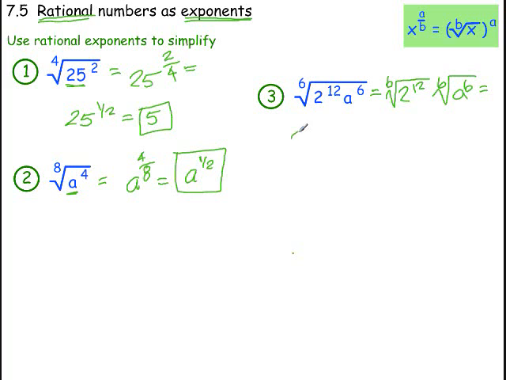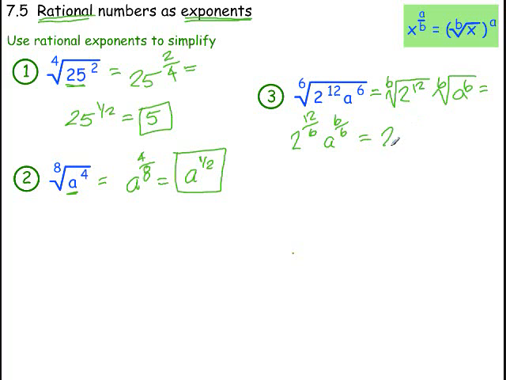So we'll have a base of 2. My power is 12. The root is 6. And it's being multiplied by base of a with a power of 6 and a root of 6.